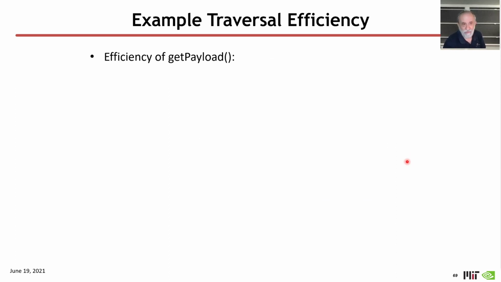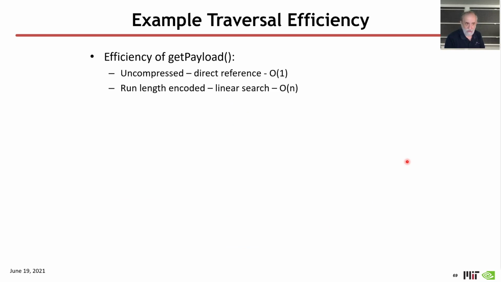Some examples of traversal efficiency. So if we think about the efficiency of get payload for uncompressed representation, it's a direct reference. It's order 1. It's very efficient. For run length encoding, however, if I want to find a particular payload by coordinate, it's going to involve a linear search down the tree because I have to go through all the run lengths.